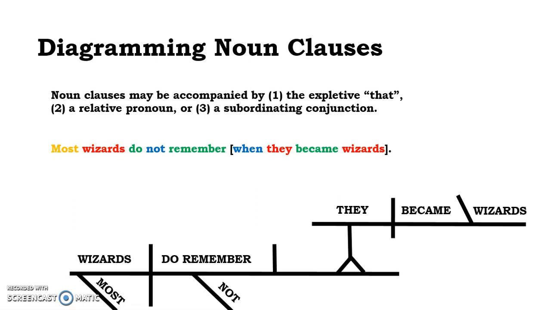If when is a part of the pedestal structure, then where would it go? Well, it seems it's adverbial, right? When goes beneath the verb right there. They became wizards when, right? So when is adverbial because when is one of those 4 adverb questions. When, where, how, under what circumstances.